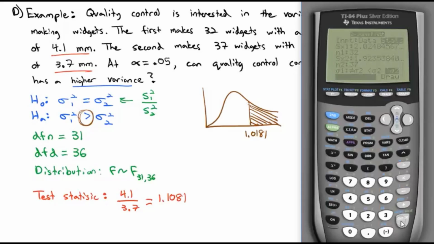And go down and hit calculate. Notice it gives us the exact same F statistic that we found, 1.1081. But what we're really interested in is it gives us a p-value of 0.3809.